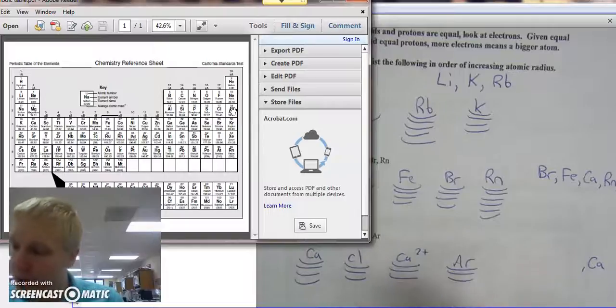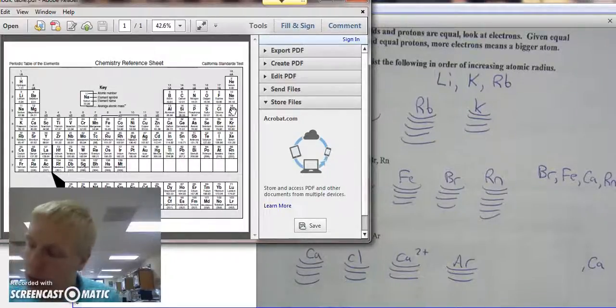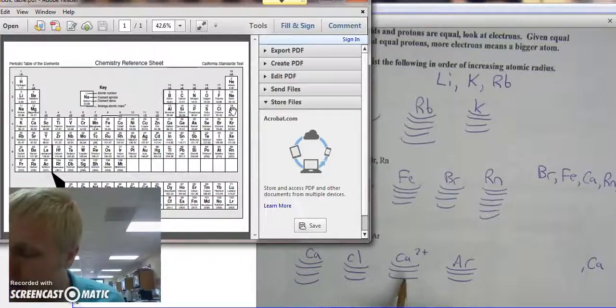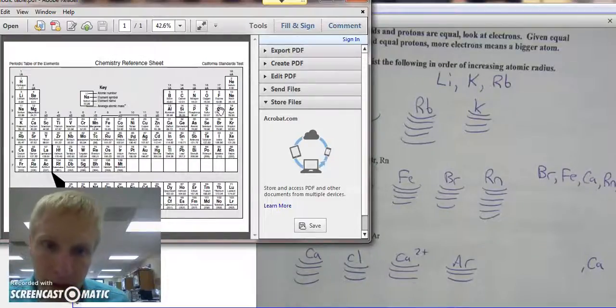So now we have to look at the number of protons. The more protons this has, if they have an equal amount of shields, then it's going to be smaller. Calcium and argon have the same number of protons. Actually, no, they do not. They have the same number of electrons. They do have different numbers of protons. Chlorine, different number of protons still.